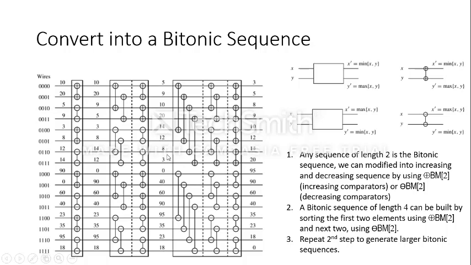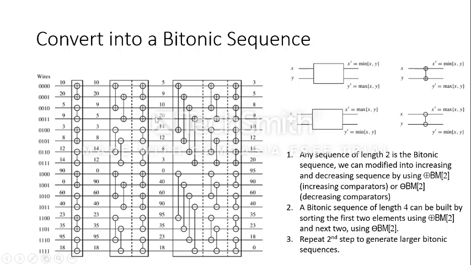The elements are generated in reverse order because we have assumed that the comparators are decreasing comparators. This is in order to provide input to the third broad stage, which comprises three sub-stages.